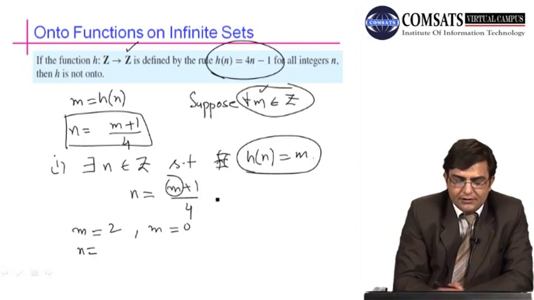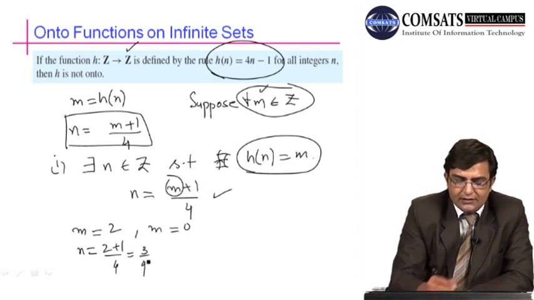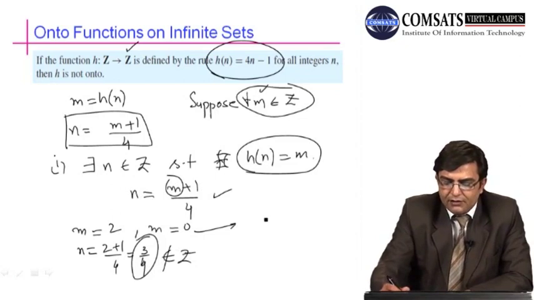By using this expression, this is 2 plus 1 divided by 4, which is 3 by 4. Now whether this is an integer, this doesn't belong to z. Similarly, if we take m is equal to 0, n becomes 1 by 4. Whether this belongs to z?